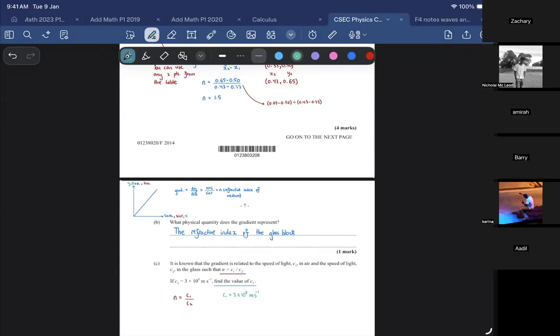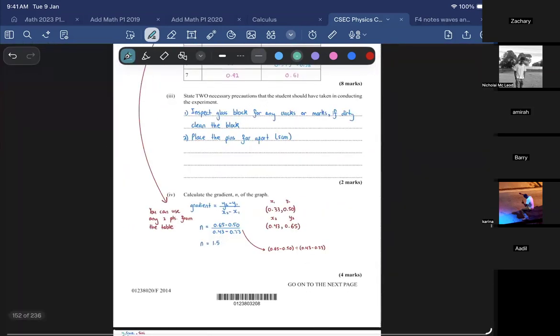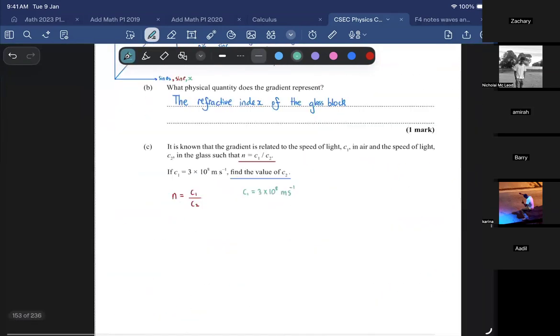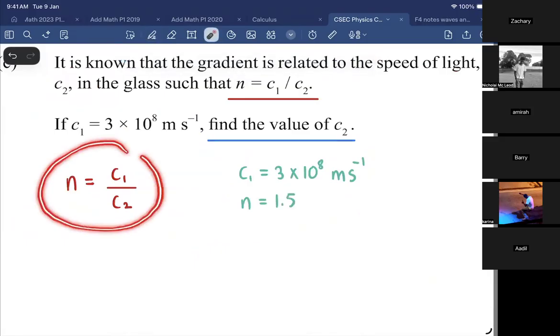What was the value for N? 1.5. Exactly. So the thing is, we have N and we have C1. That means we could form an equation with how many unknowns? What would be the only unknown there? C2. Exactly. C2 would be the only unknown.